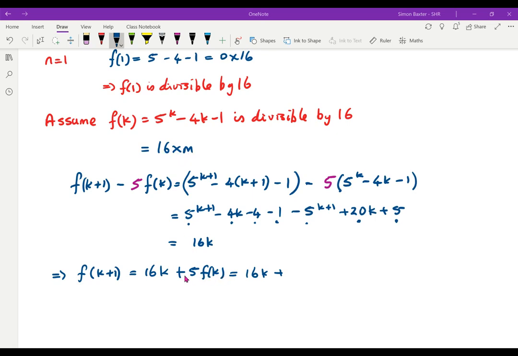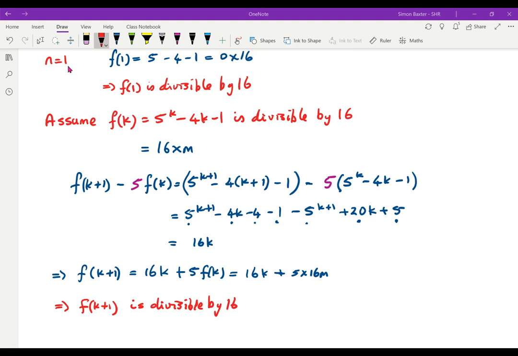So 5 times fk is 5 times 16m. And now we've shown that fk plus 1 is a multiple of 16, or fk plus 1 is divisible by 16.